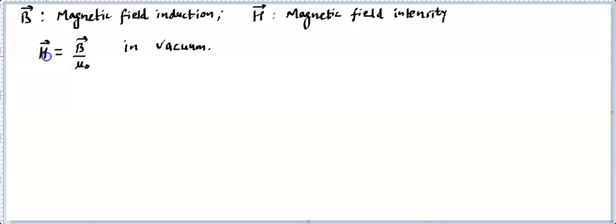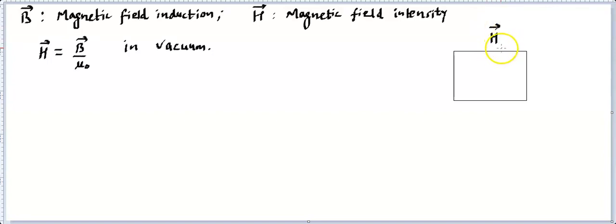Now, if we are applying this H, the material behaves in three ways, and we will talk about those three ways. Let me give the general aspect first. Let's say this is the material, and here we have applied a magnetic field called H. That is the applied external magnetic field.